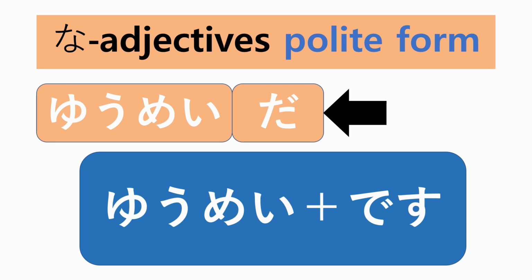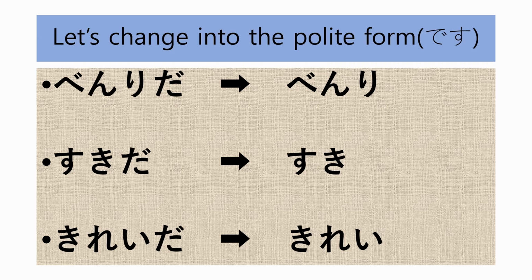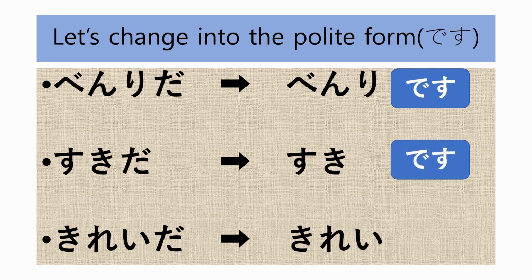So you can say 有名です. Let's try changing the basic form of na-adjectives into their polite form. 便利だ、便利です。好きだ、好きです。きれいだ、きれいです。Good job.